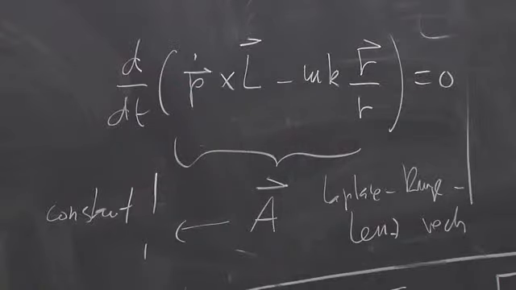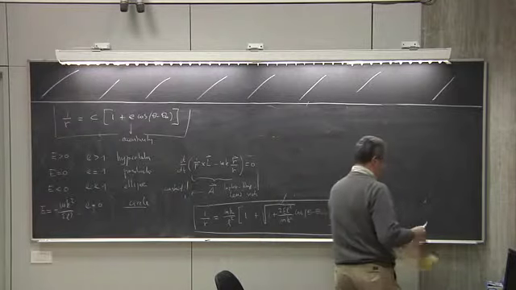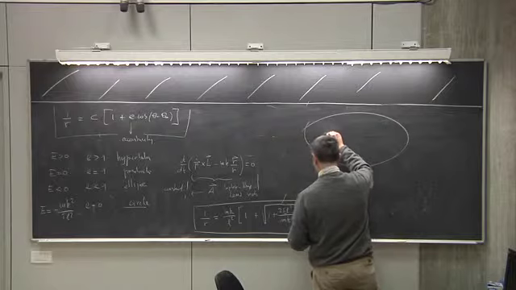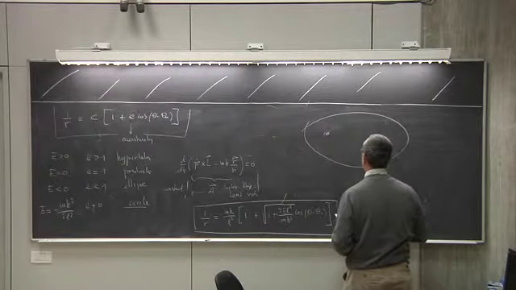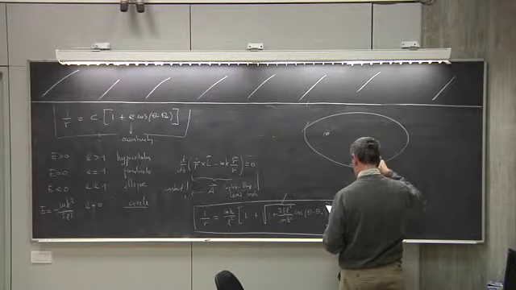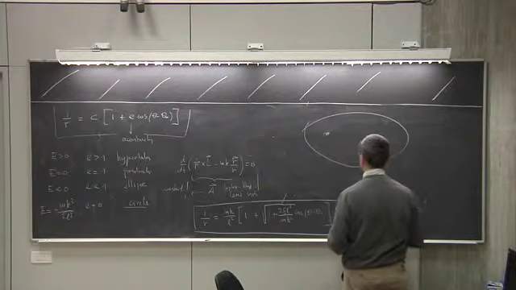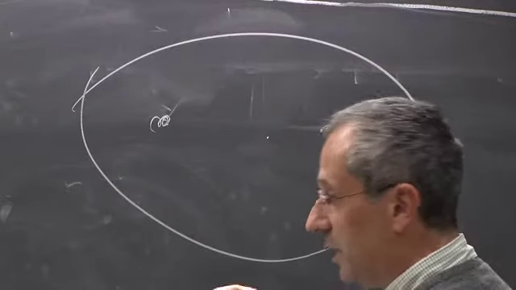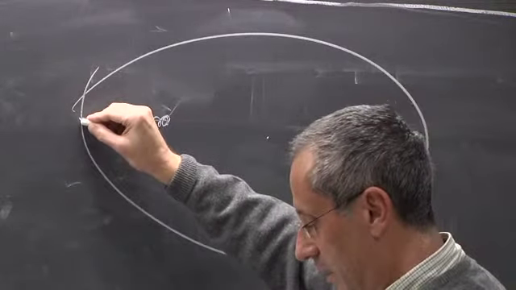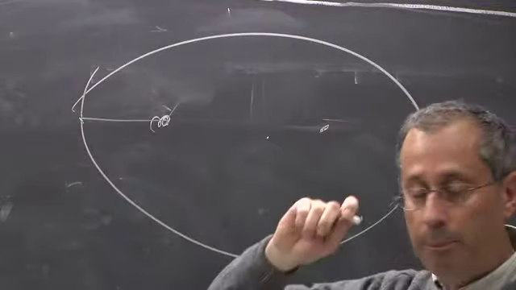So for instance, if I look at the Earth going around the Sun, now I know that this should be something like ellipses, and the Sun is roughly in one of these points. So how is this vector? Now, if I compute this vector here, what is the direction here of P?